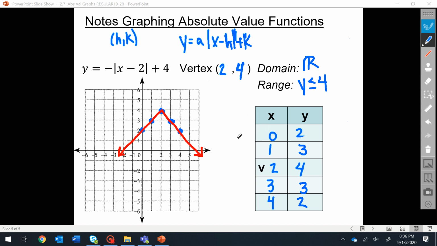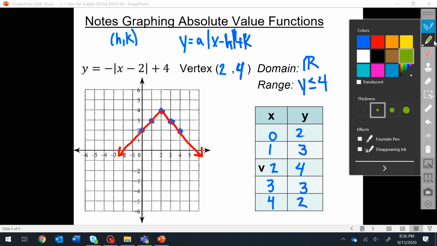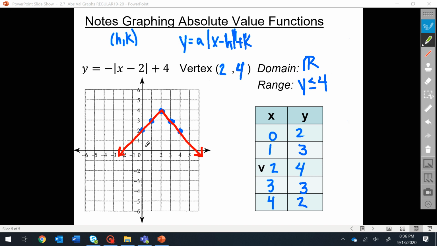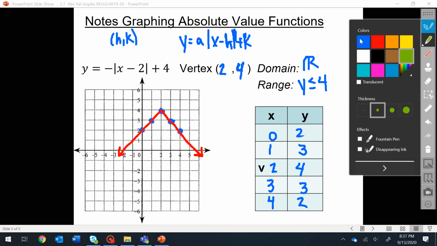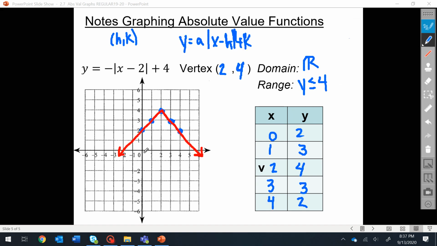But if you notice the transformations that have occurred here based on the h and the k values, because this is the graph, but remember what the parent function looks like. The parent function starts at 0, 0 and goes up like this. So what's actually happened here is it has been shifted from the parent function. It's been moved to the right by 2, it's been moved up by 4, but it's also been flipped upside down because of this negative sign here.